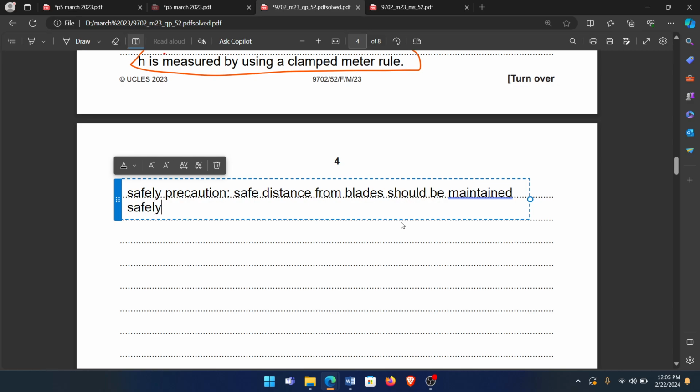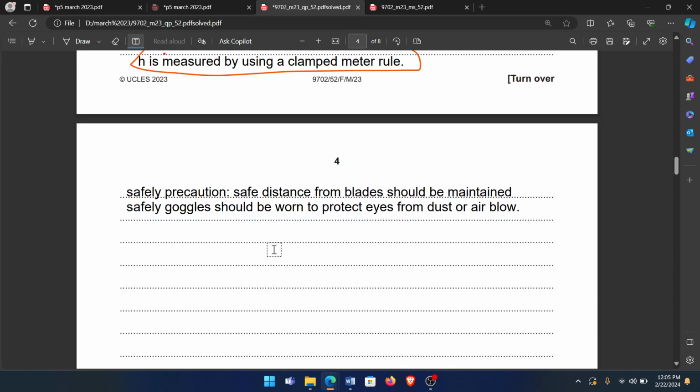Safety goggles to protect eyes from dust or air blow. Okay, so this could be the safety precautions.